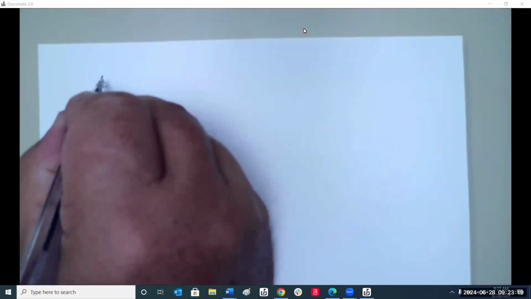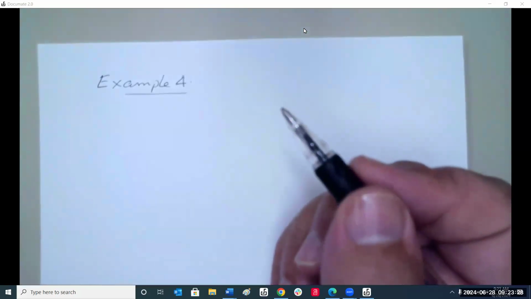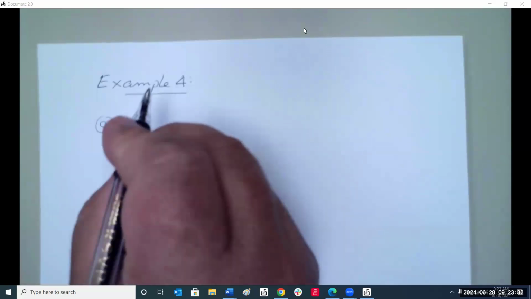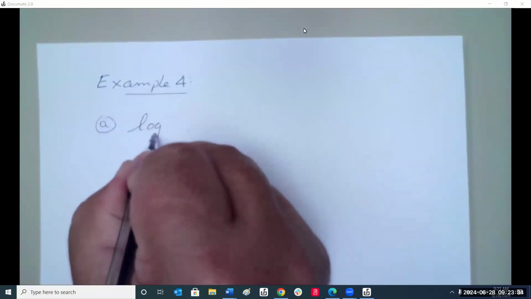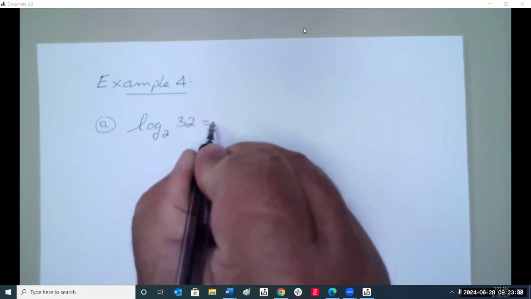Example 4, another conversion. A, let's convert this one. This one is log base 2 of 32 equals 5.